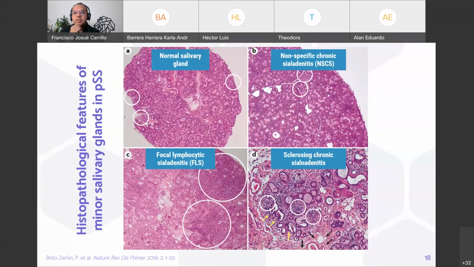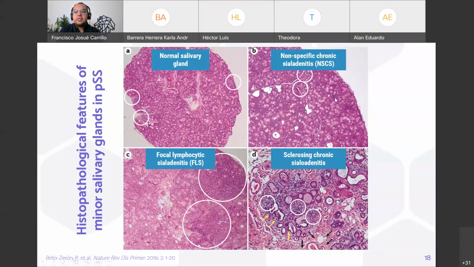We have several stages, or these histopathological conditions could help us to classify the cases. As you can tell, this is a normal salivary gland with the acini and the salivary ducts that are classic in this tissue.